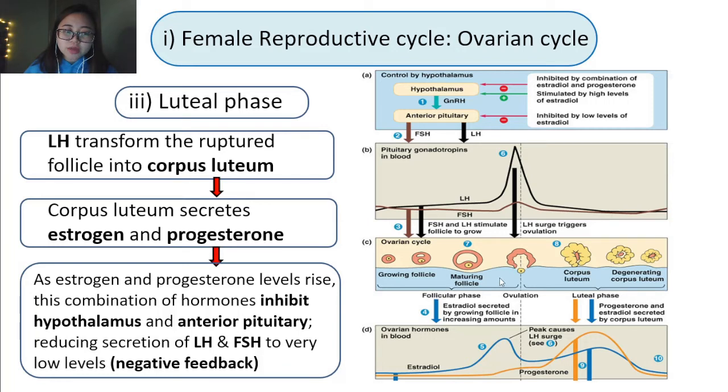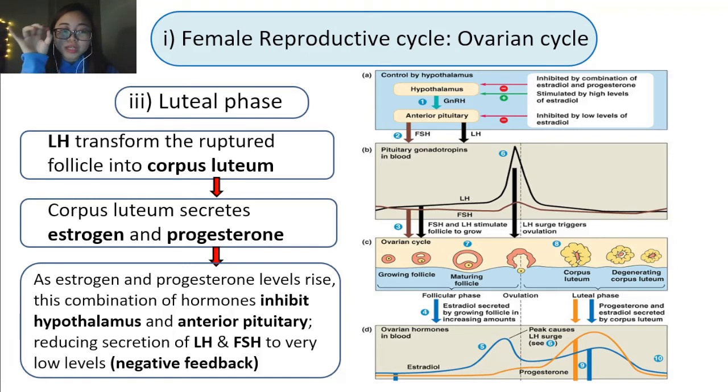As the estrogen and progesterone levels rise, this combination of hormones will inhibit the hypothalamus and anterior pituitary. So, you can see here, while the corpus luteum is present, progesterone and estrogen get higher, and while they are high, they inhibit the hypothalamus. Okay? So, the hypothalamus will produce less GnRH.